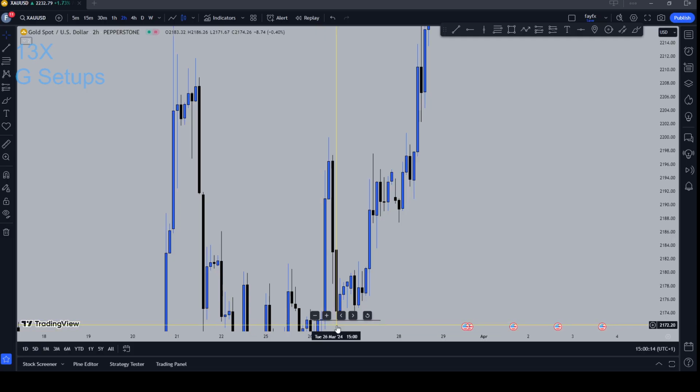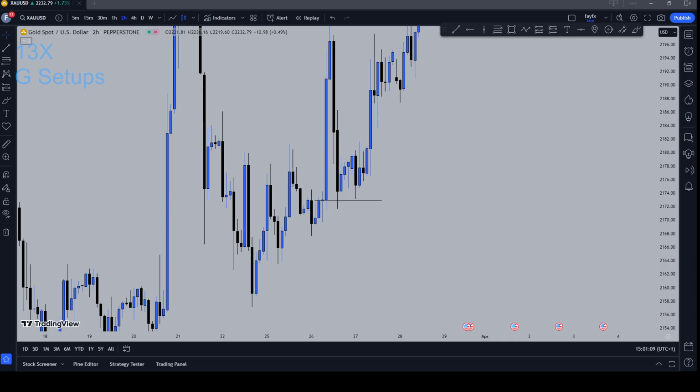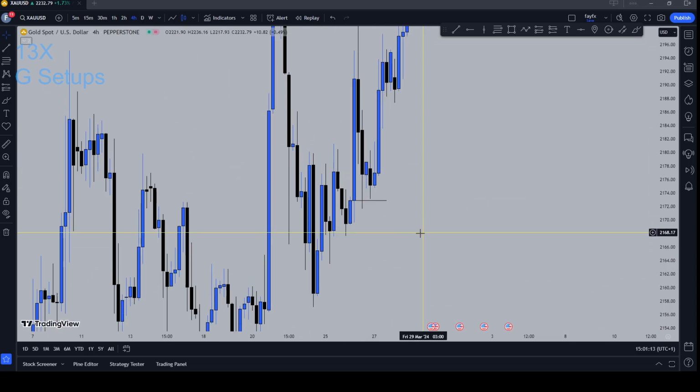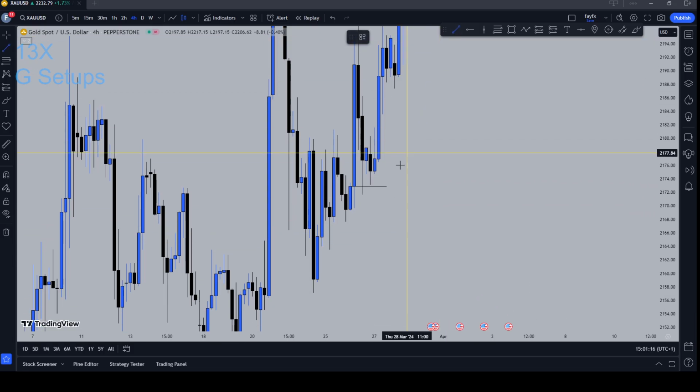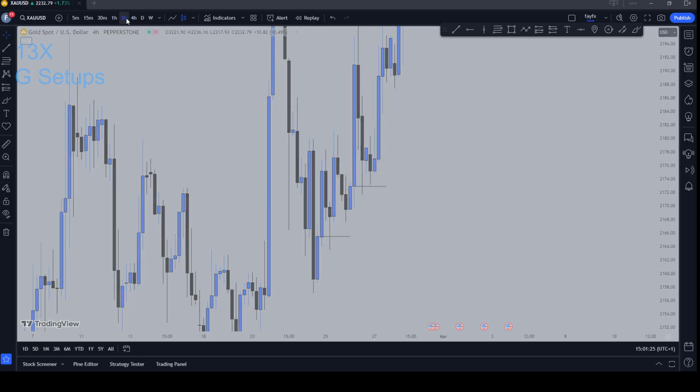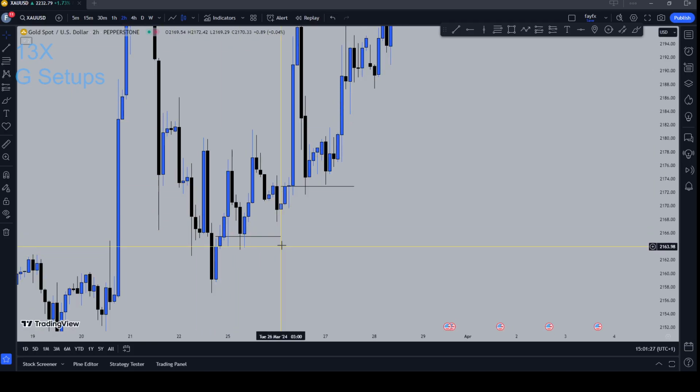Price came down, touched that level, and flew up. Look at this H4 bullish gap. Let's go one time frame lower. We find here a gap CC. Price rejected, then flew up.